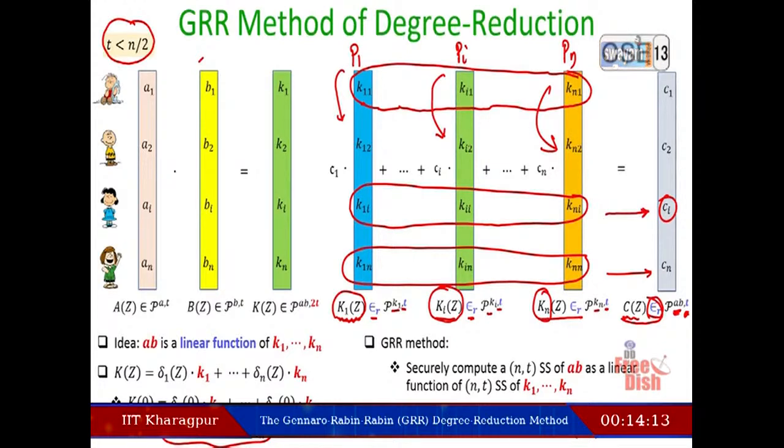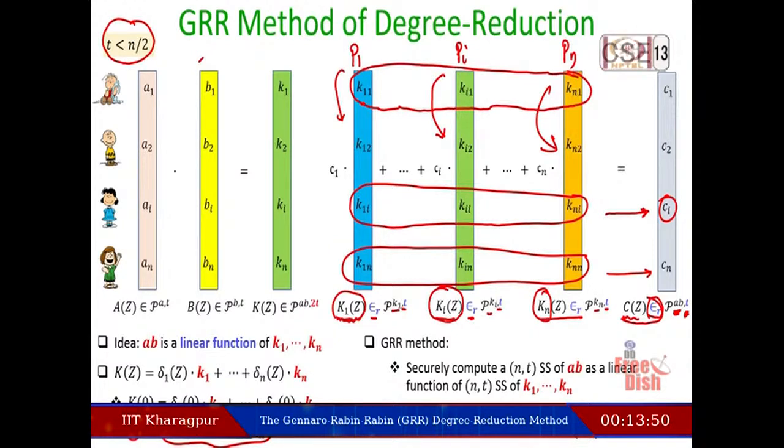And why is the constant coefficient ab? Because the constant coefficient will be C1 times the constant coefficient of the k1 polynomial plus C2 times the constant coefficient of the k2 polynomial plus Ci times the constant coefficient of the ki polynomial plus Cn times the constant coefficient of the kn polynomial, which we know is right.